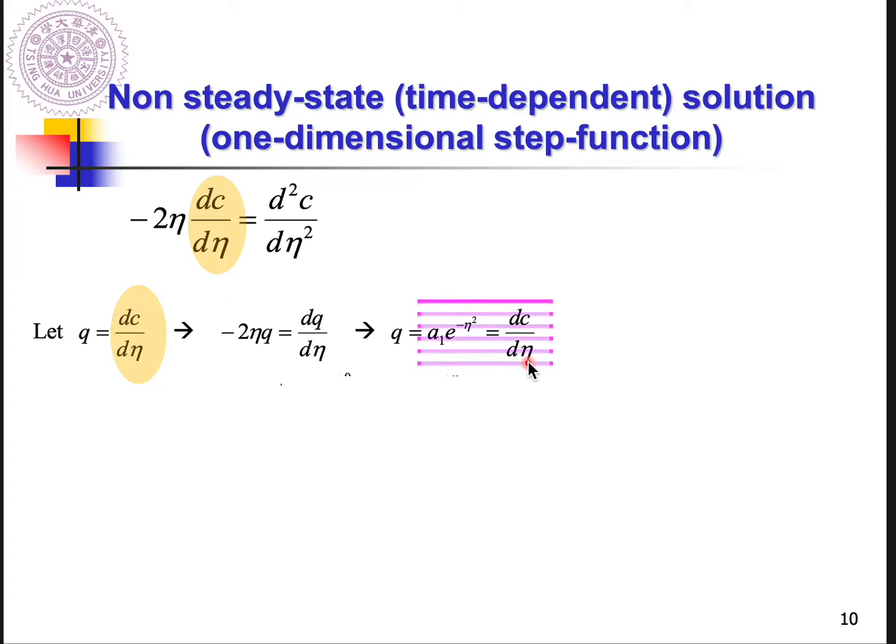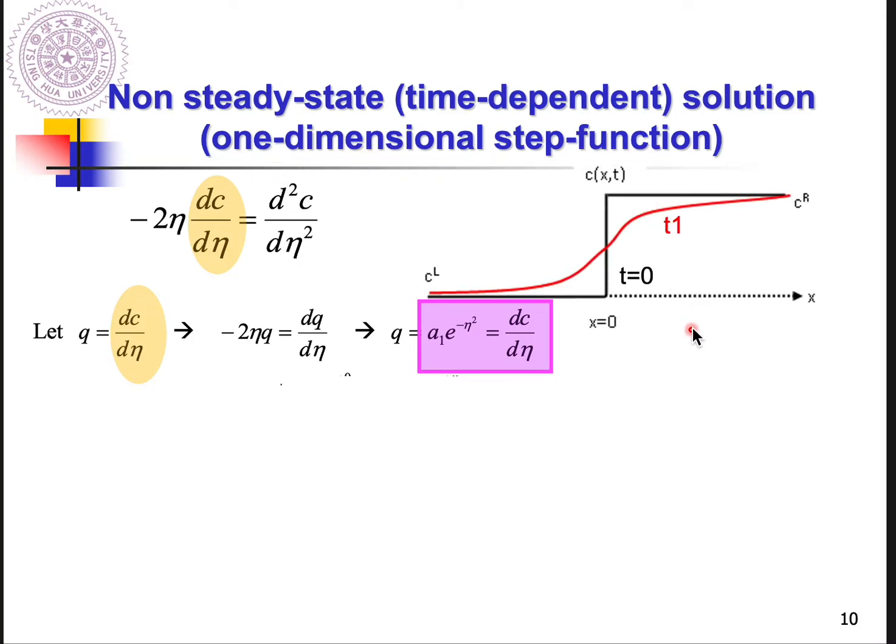So take a look here. Now we get the solution, right? As long as we move the d iota to the left-hand side, then we can do some integration, right? So it depends on what kind of profile we are dealing with. The first case we are going to deal with is the one-dimensional step function like this.